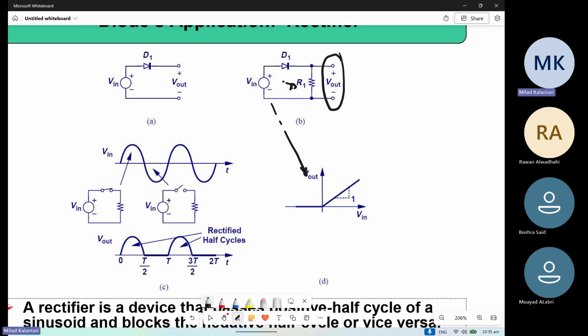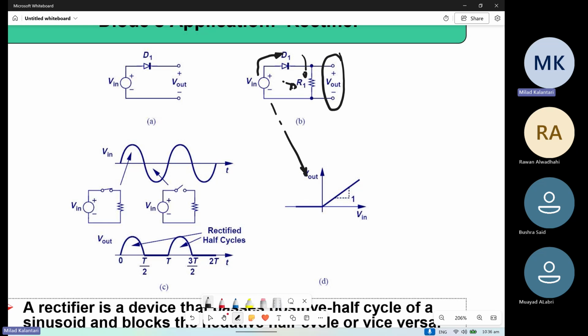You do not need to have an extra resistor or anything. This R1 can be the load. And then in the positive cycles, the current of the supply is passing through the load. It is not wasted, right?